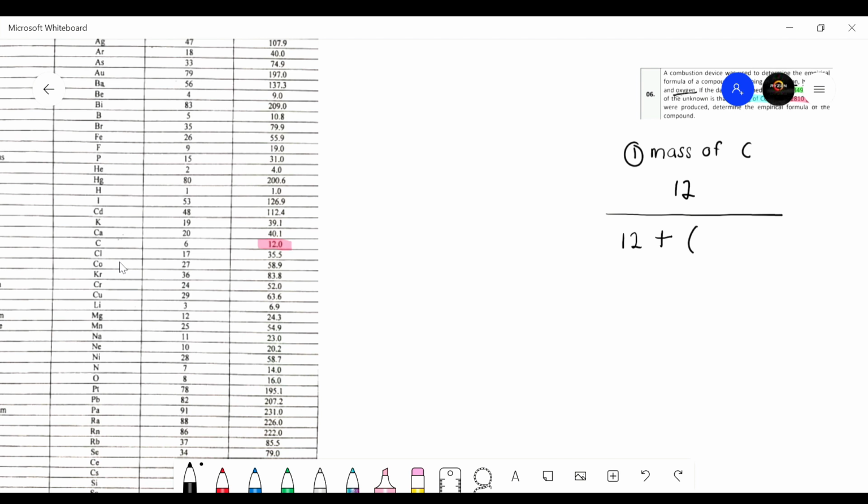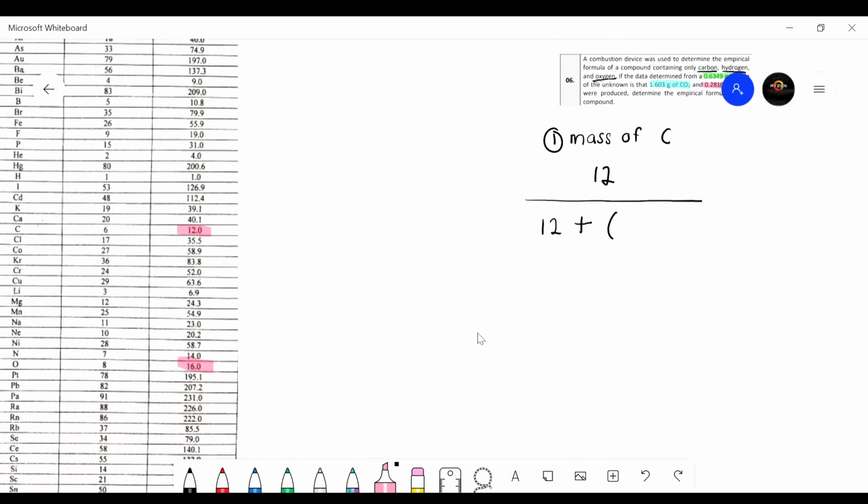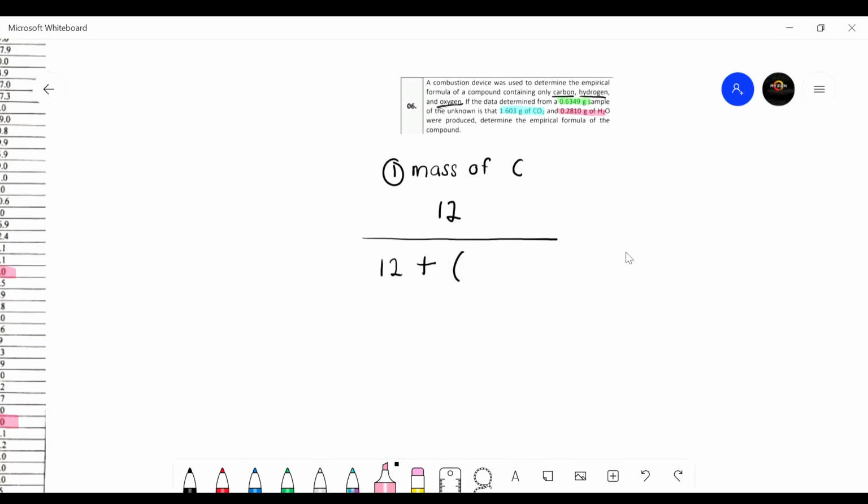The constant value for oxygen is 16, but because of 2 moles of oxygen here, we need to multiply 16 with 2. I hope you understand why.